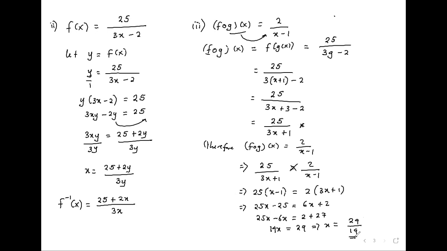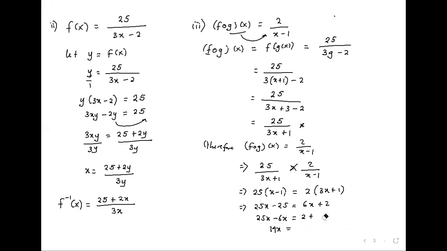Sir, hello. It's supposed to be 25, this one. Not 29. Here where you say 25x minus 6x, then you took that 25 to the other side. That's negative 25. Oh, it is positive 25. So it's like I added when I was taking it. Thank you.